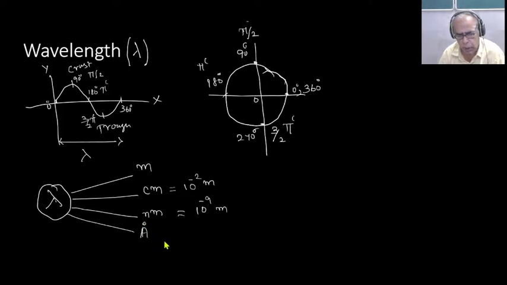This is called 1 Angstrom, and this 1 Angstrom is nothing but 10 power minus 10 meter. So you should know all these representations of this lambda with various units. And sometimes if you want to measure this in terms of kilometer, that is km, kilo means 10 cube, so 10 cube meter.